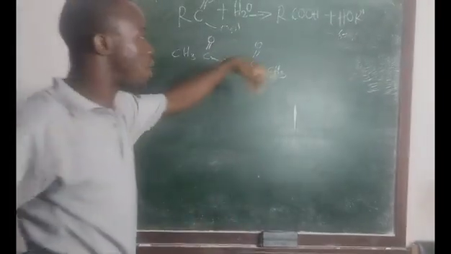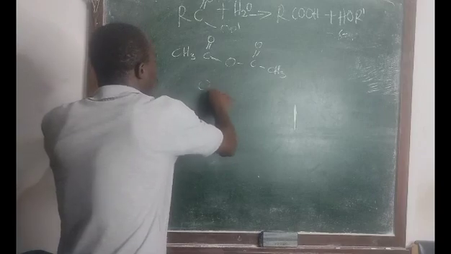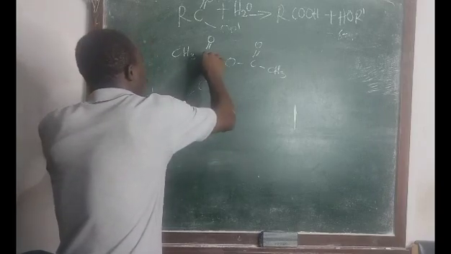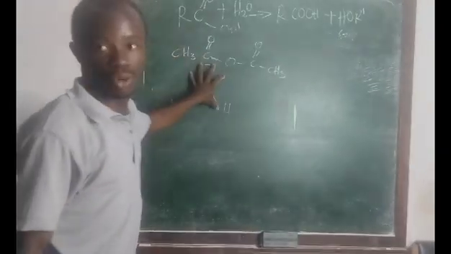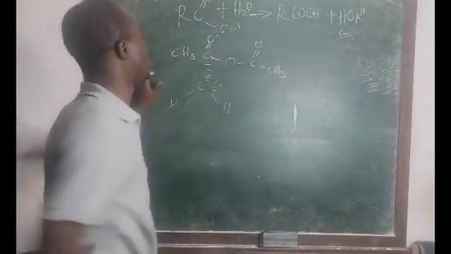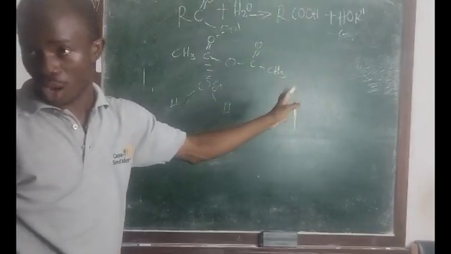Normally, we could do what we did the other time, have water here, H, O, H. Then this carbon becomes partially positive, this oxygen becomes partially negative, and the whole process of hydrolysis will occur.